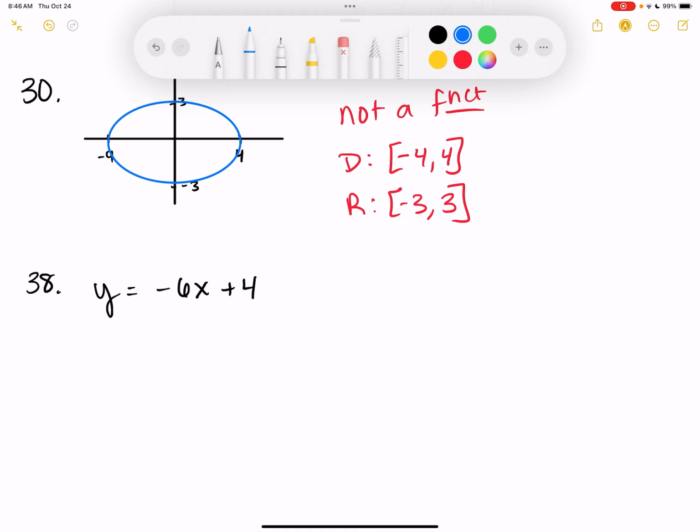Now, what do you know about this equation? As far as if I told you to graph it, what is it going to look like? Slope. Yep. It's a line, and it has a slope to it.